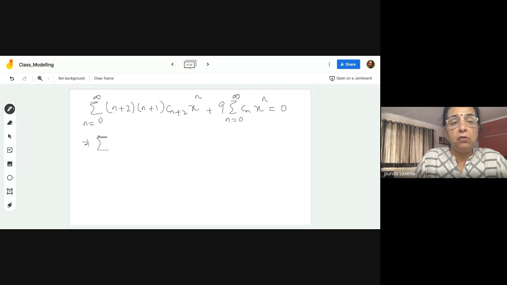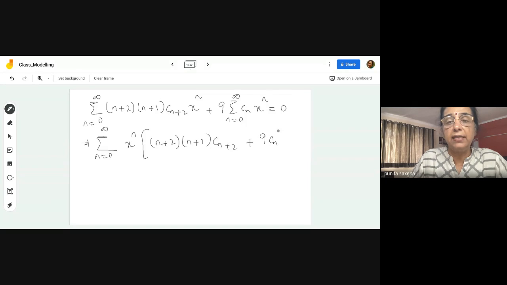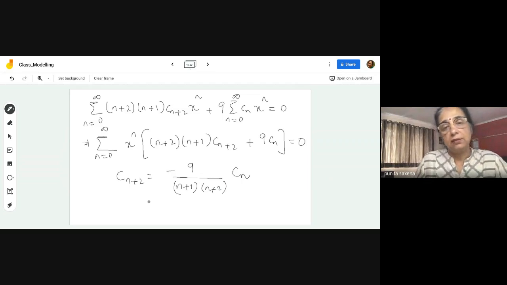So basically you are getting summation n from 0 to infinity x^n times [(n+2)(n+1) c(n+2) plus 9cn] equal to 0. So accordingly, your c(n+2) will be minus 9 upon (n+1)(n+2) cn, right?